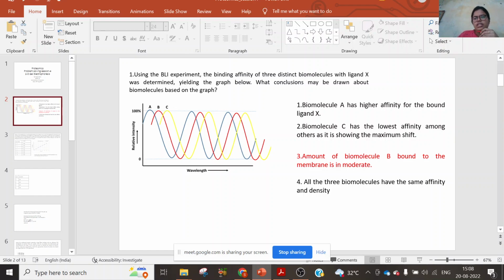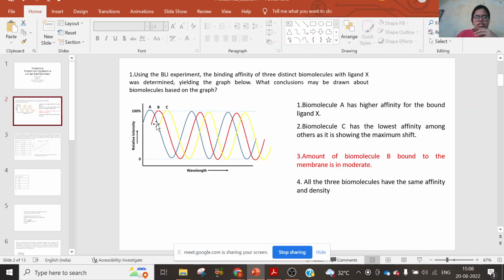Option 1 is biomolecule A has a higher affinity for the bound ligand X. The principle of the BLI technique is that the higher the shift, the higher is the affinity of a particular biomolecule to the ligand.